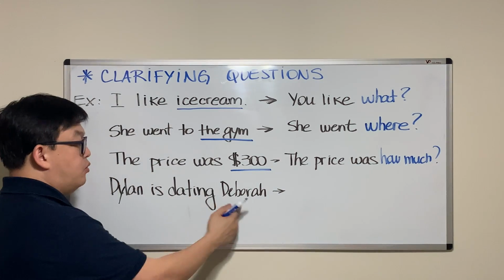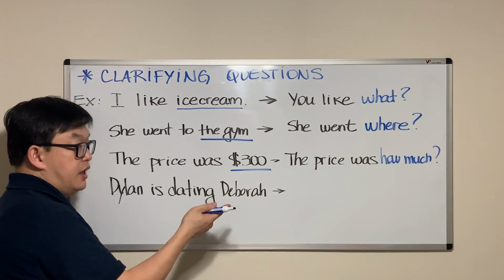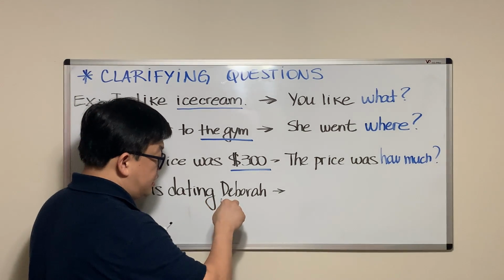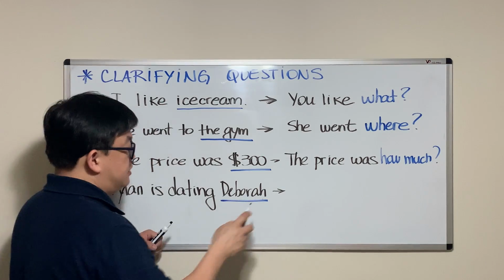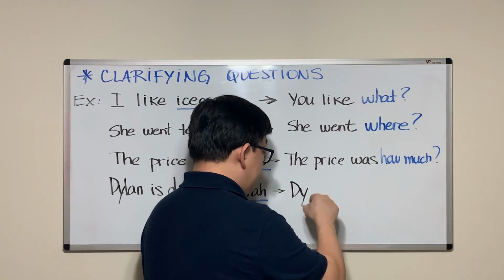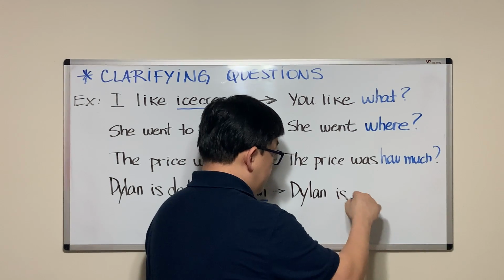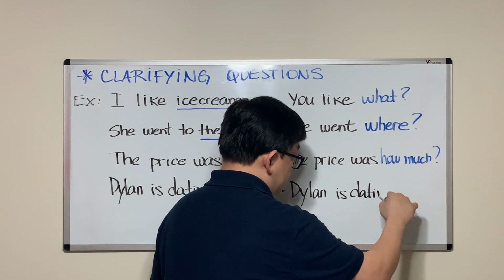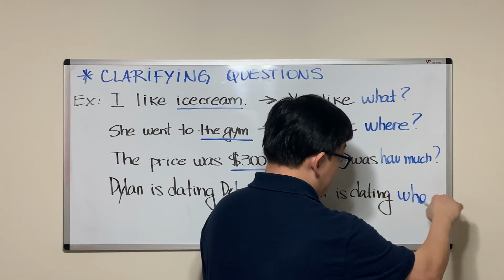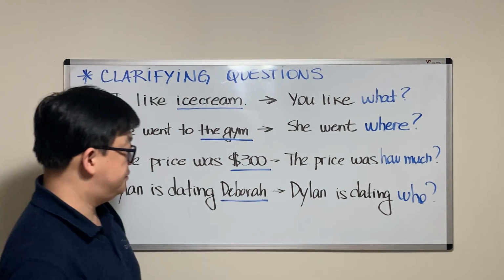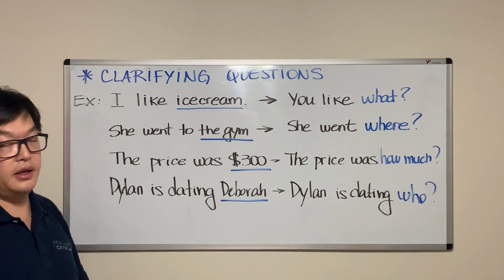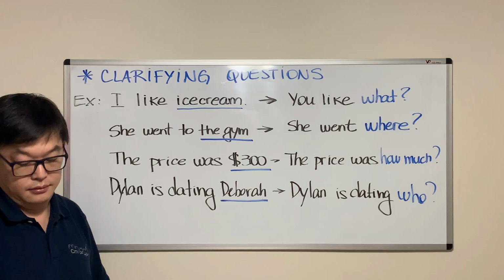And it can go either way, but let's say that Dylan is dating Lana. And then you can do this. Look, Dylan is dating... who? Just to clarify. And then the person says, Dylan is dating Deborah. Oh my, I understand now.